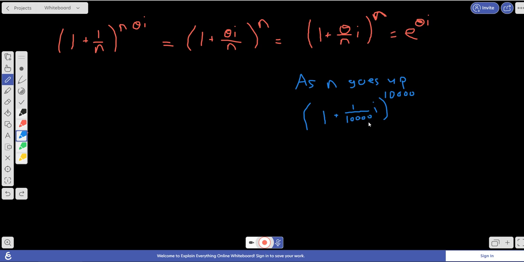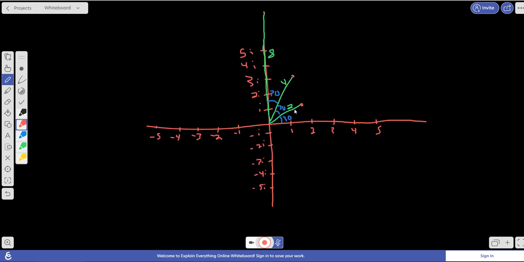As n goes to infinity, you'll have 1 plus some infinitesimal, 1 over infinity-ish i, again to the infinite power. So the whole thing inside here approaches 1 as n gets bigger, and that's going to become important. Let's do a quick refresher here. We have a complex plane with the i's on the y-axis and the real numbers on the x-axis.